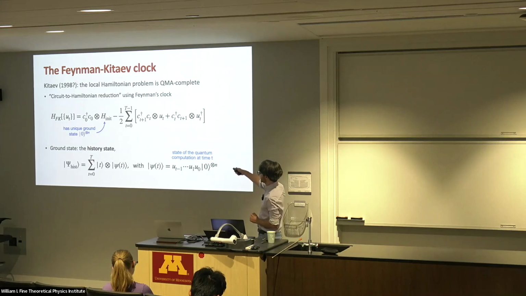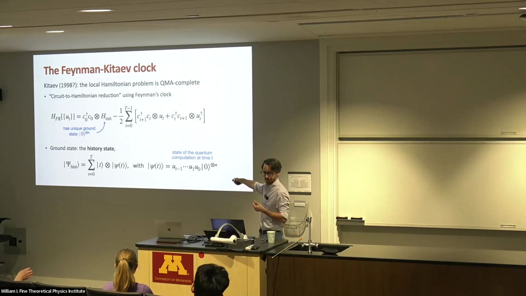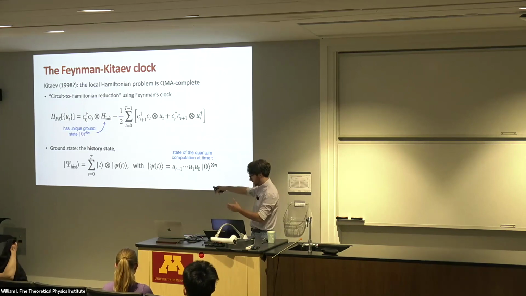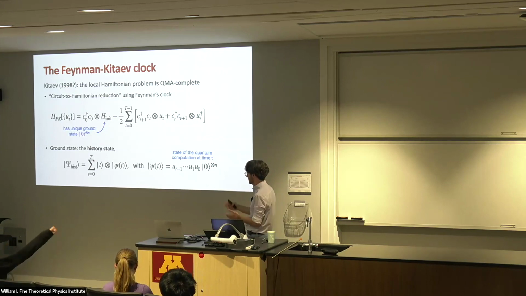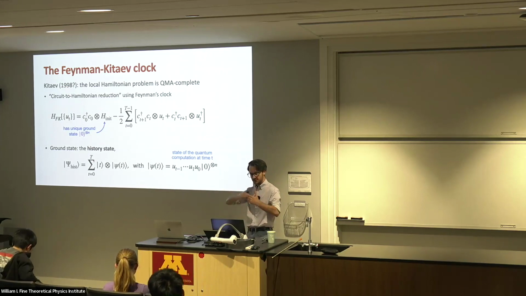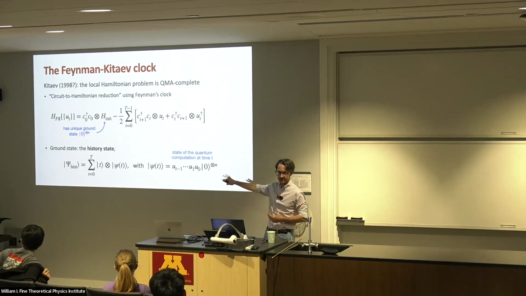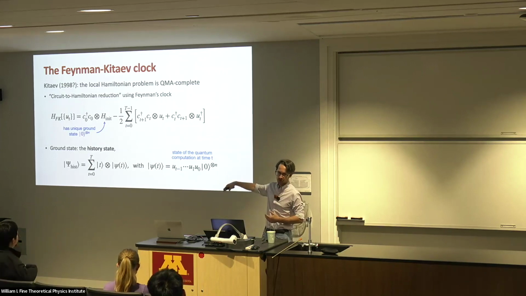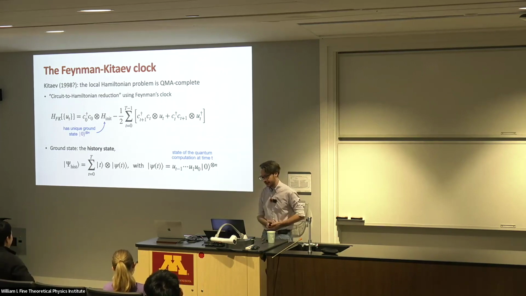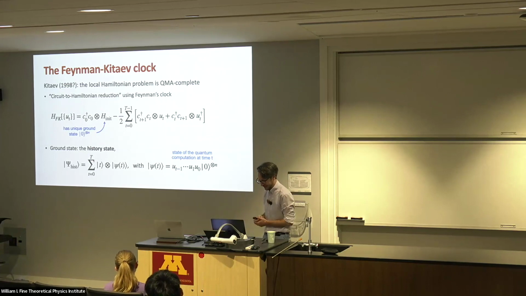And then these terms are ensuring that as I advance the clock, I have to apply the corresponding gates to this state. So if I look at this wave function overall, I have the entire history of the computation from the beginning to the end present in that ground state in superposition. So from this you can do this reduction and establish that this is a quantum mechanically hard problem.